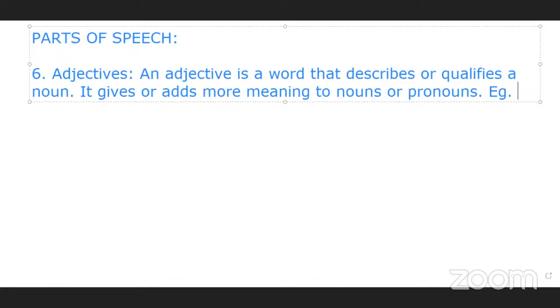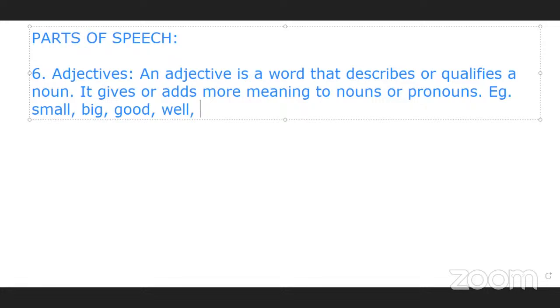So let's give some examples of adjectives. You said small at first, right? Small, big, good, well done, blue.